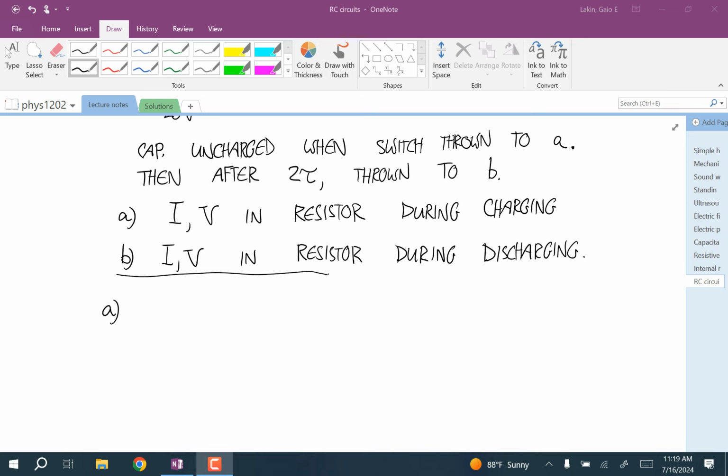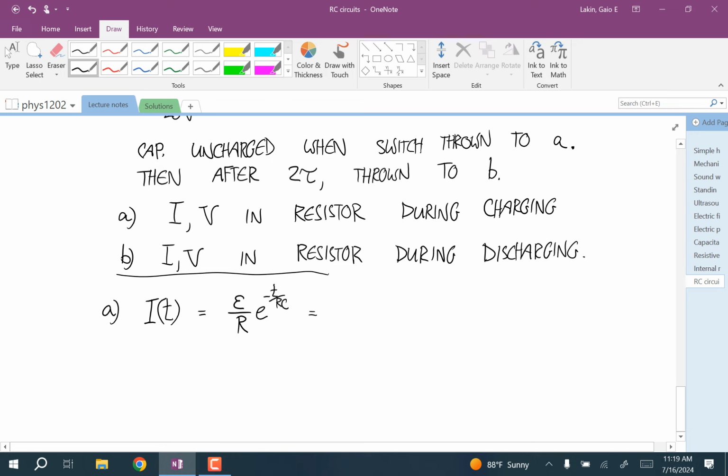So we are going to say I, as a function of time, is equal to, here's the equation I'm using, the EMF over the resistance times e to the negative t over RC.